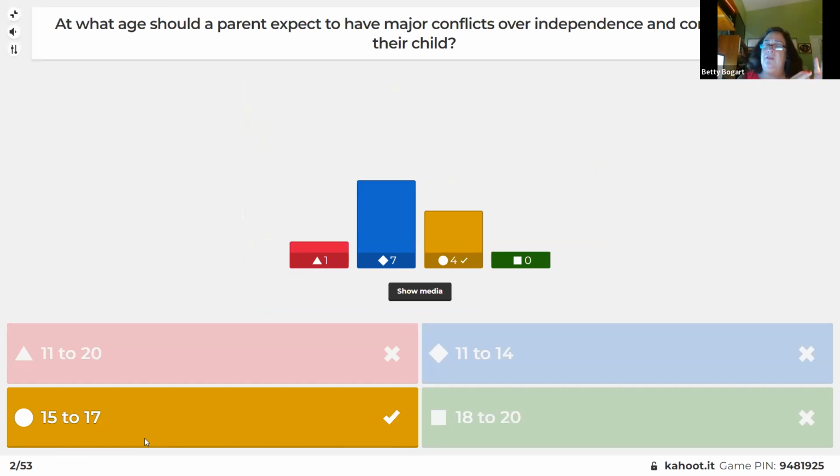Remember, independence. They want to get up and go to the mall and out and be with their friends all night long. This is the independence, and they want to control when and how they do it. This is those 15 to 17-year-olds. That's when they want to do it. Okay.